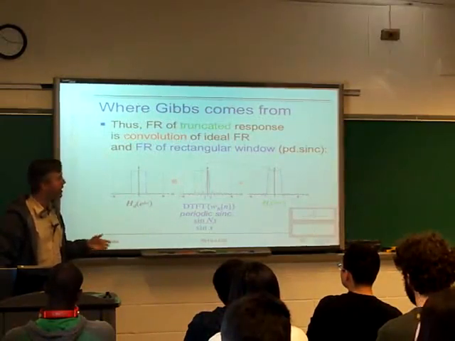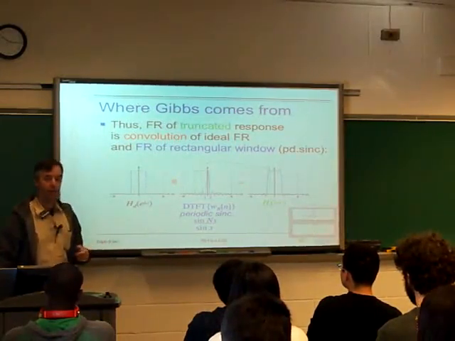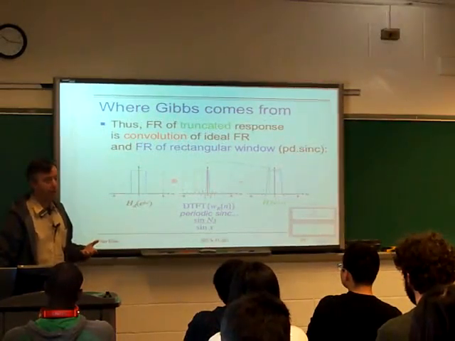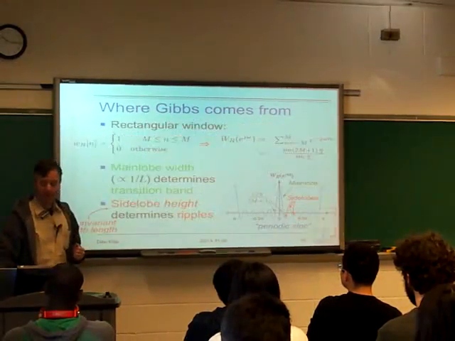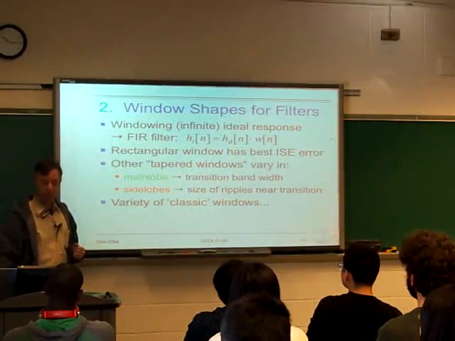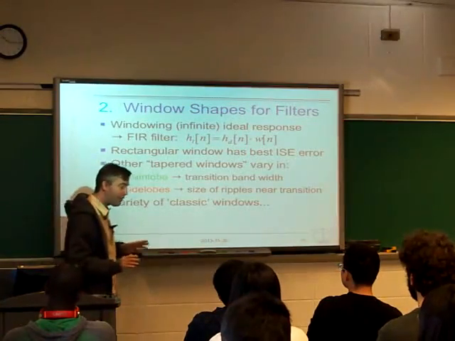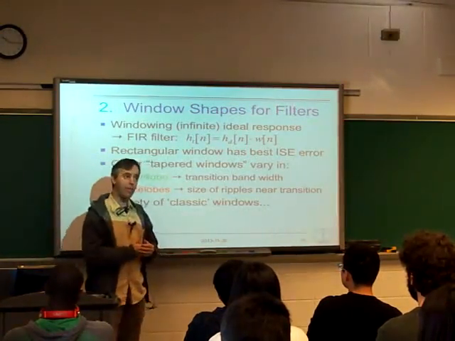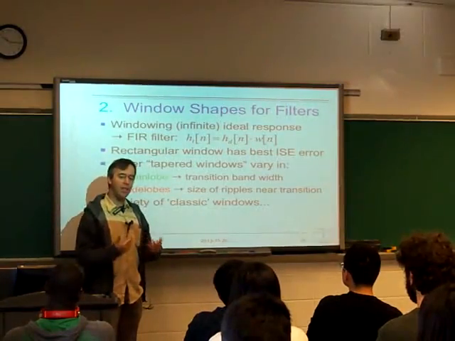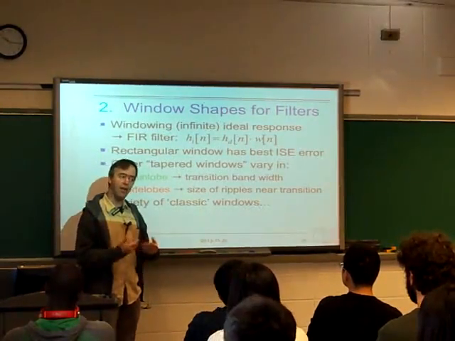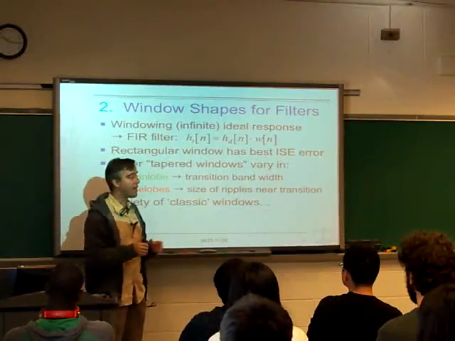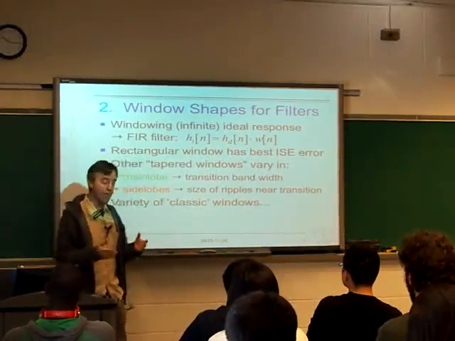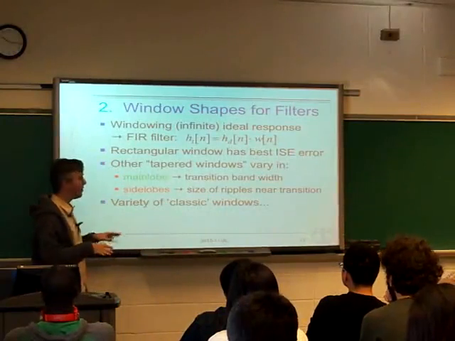It makes sense in terms of what we know about the Fourier transform of a rectangular window and the result of multiplying things in the time domain. But it also points us in a direction: maybe we can improve this. Instead of using a rectangular window, maybe we could use some other kind of window which had different main lobe properties and different side lobe properties, which would then have different transition bands and different ripples.